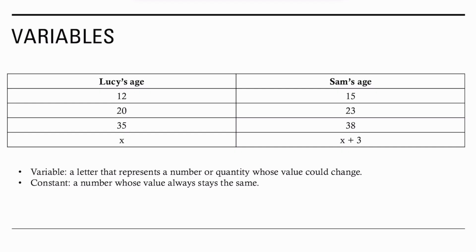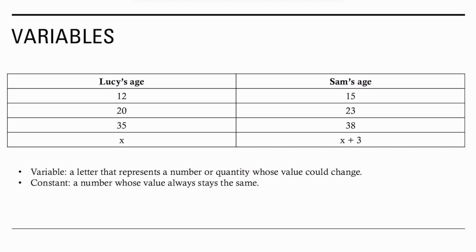Imagine I put in 28 as X. Lucy's 28 years old, therefore Sam would be 31. If I look on the left-hand side, X would be 28, Sam's age would be X plus 3. 28 plus 3 is 31.